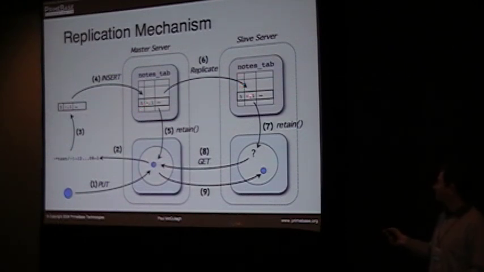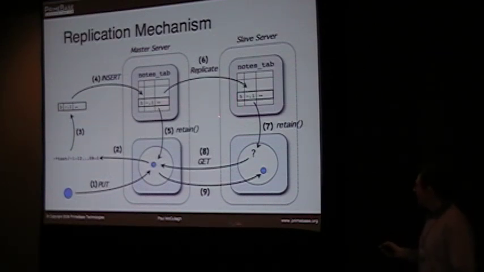And when it gets to the slave, the slave does the same as what the master does when it is inserted a reference. It calls retain on the blob streaming engine. And now one part of this reference is also here. This number, the last number, is the server ID.